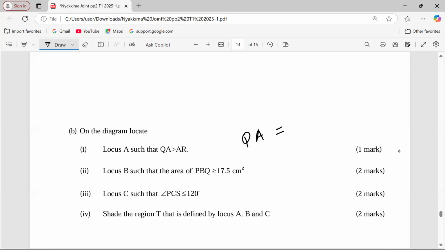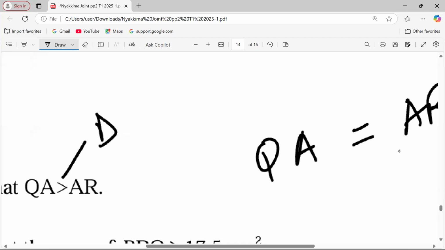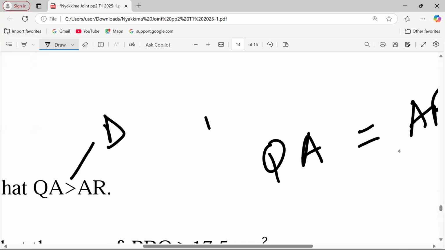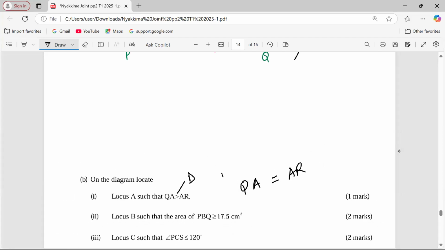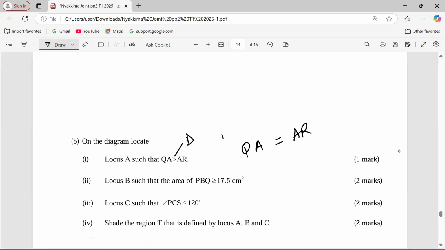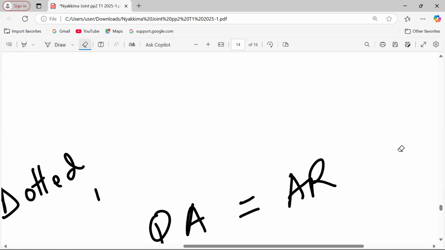QA equals AR, so that we may know the borderline to be used, but you know that the borderline will be dotted. In case it was this way, we would have used a complete line. But now that it is strictly greater than, we use a dotted line.